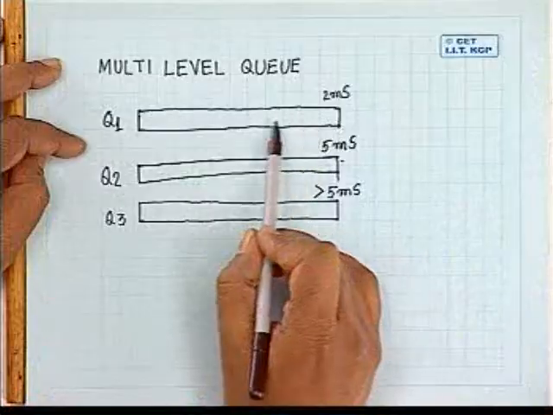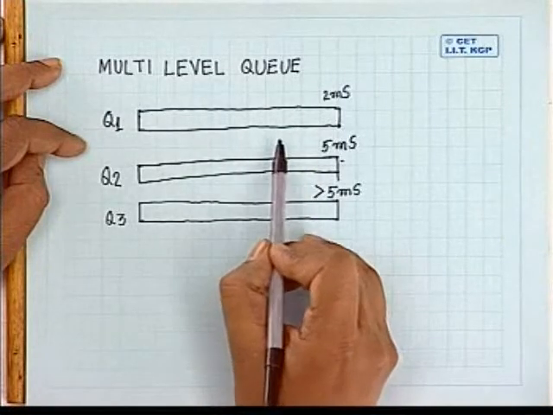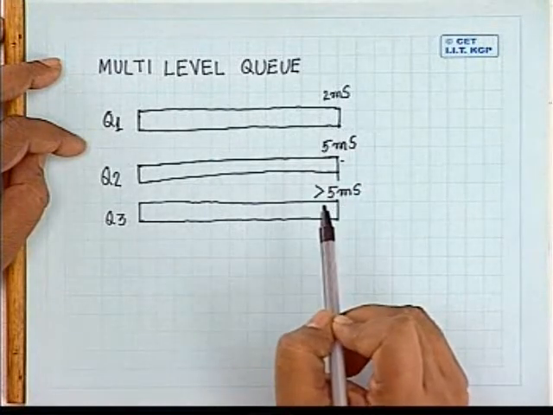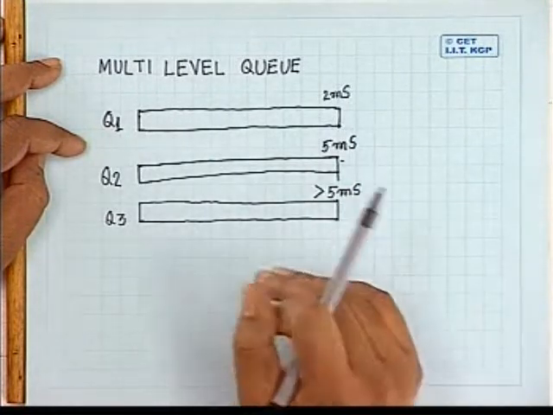Similarly, a job which initially was IO bound, with CPU bursts of less than 2 milliseconds, may after some time become CPU bound, that is, its CPU burst requirement will become greater than 2 milliseconds.